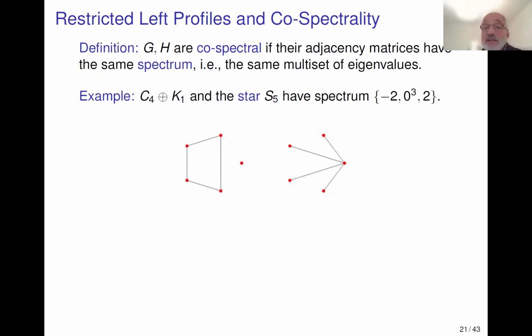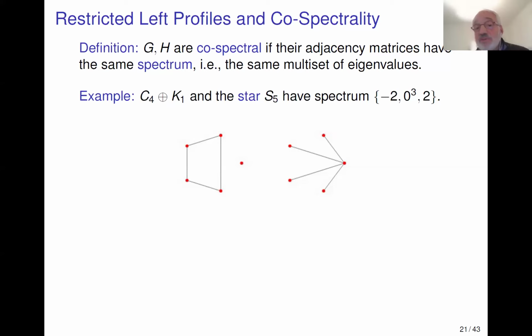Let me give you another result, in this spirit. And for this, let me bring a notion from graph theory called cospectrality. Two graphs are cospectral if their adjacency matrices have the same spectrum. And by spectrum, we mean the same multiset of eigenvalues. So you count the multiplicities of eigenvalues.